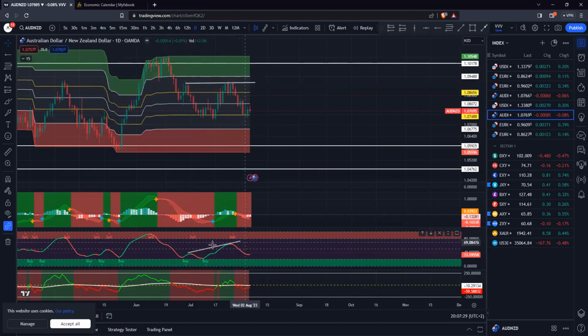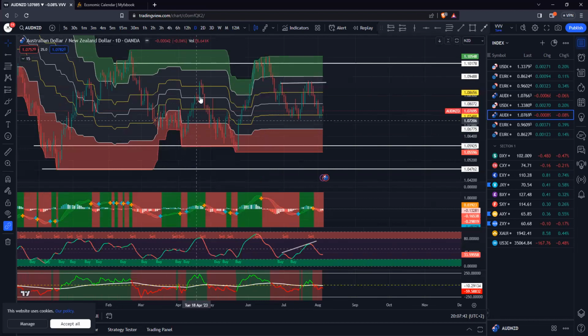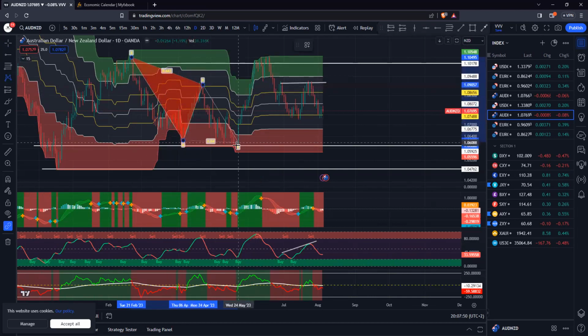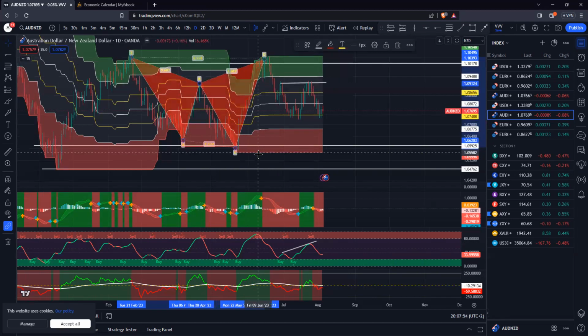So this is not a clear divergence, but there is clearly a big change between the two structures on the same level. Okay, but this moves sideways, up and down, up and down. It was also a beautiful XABCD, actually. Yes, that was also a beautiful one.